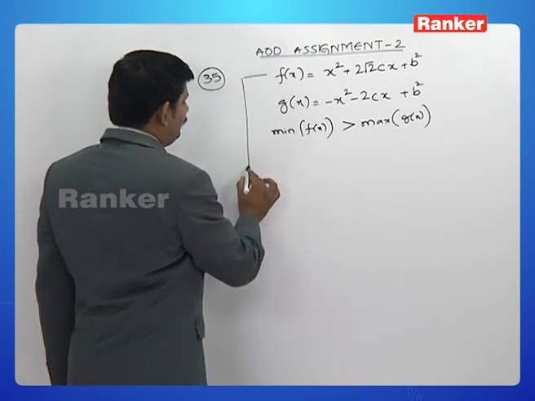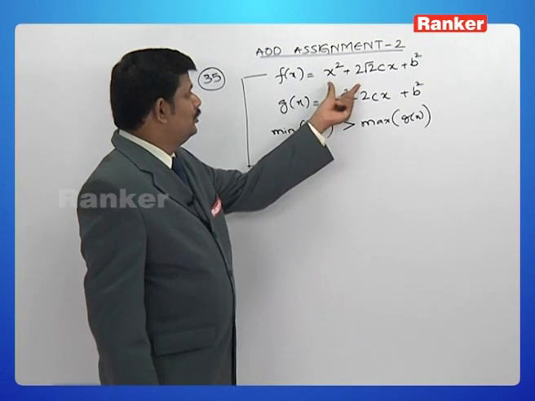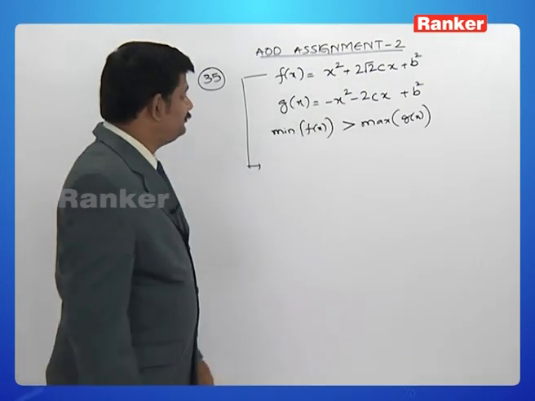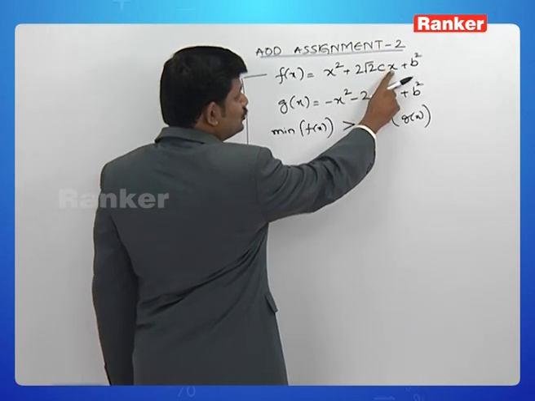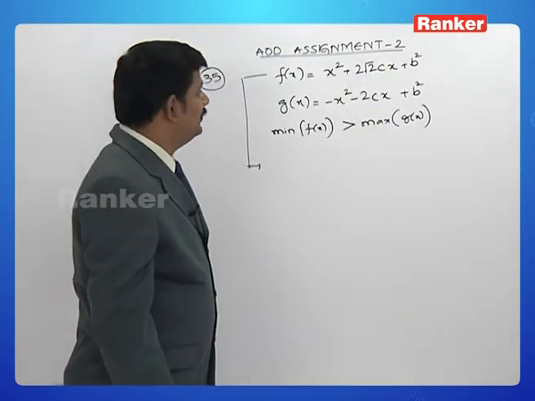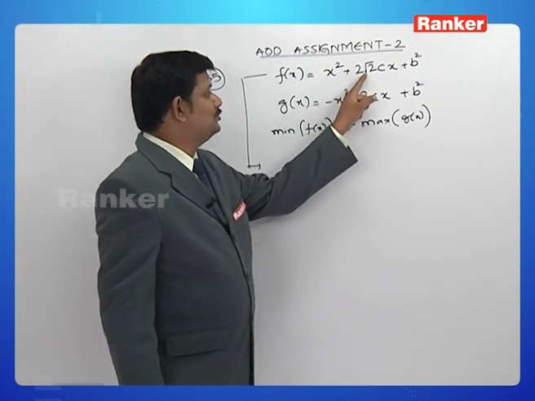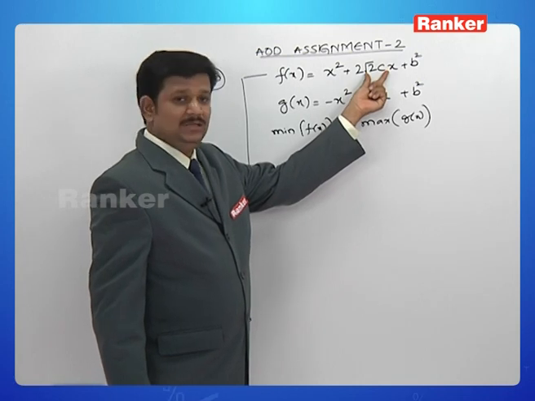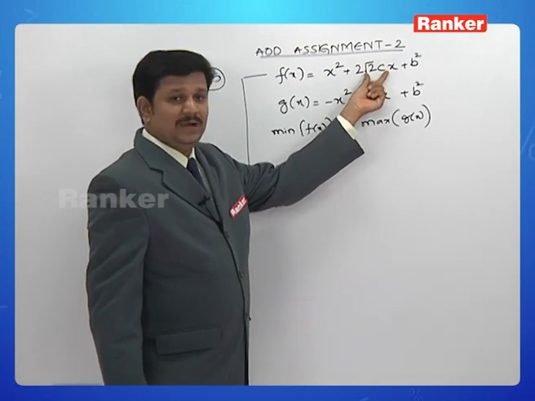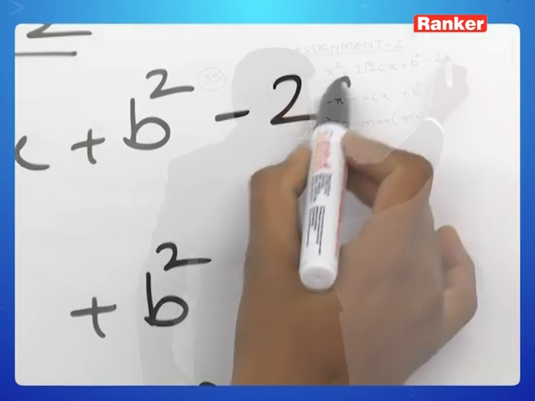Another alternate way of finding greatest and least values of these functions is, you can see this as x square plus 2 root 2 cx. Look at the formula of a plus b whole square, a square plus 2ab, root 2 c. Let me add and subtract root 2 c whole square, which is 2 c square.